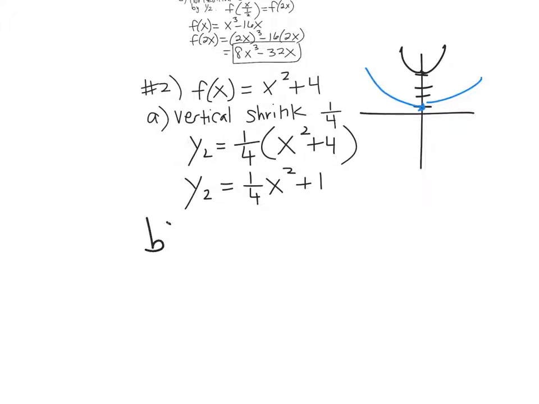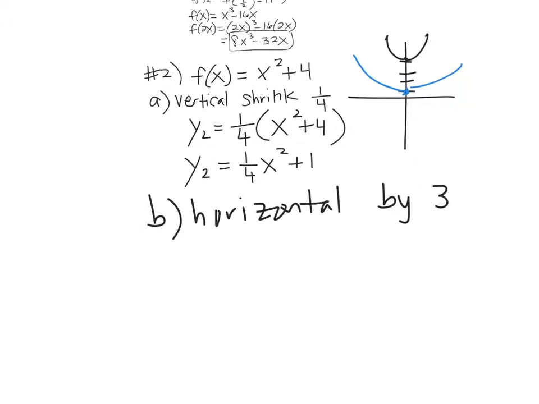Okay, and then the second one, let's do a horizontal stretch by 3. Horizontal stretch by 3. Okay? So don't forget, horizontal goes on the inside of the function. We are now going to do f of x divided by 3. Now, if it's a fraction, you want to take it and move it up, but this is just a whole number.